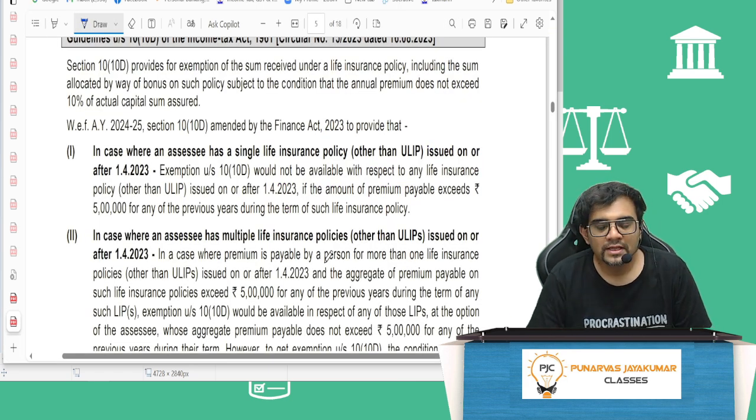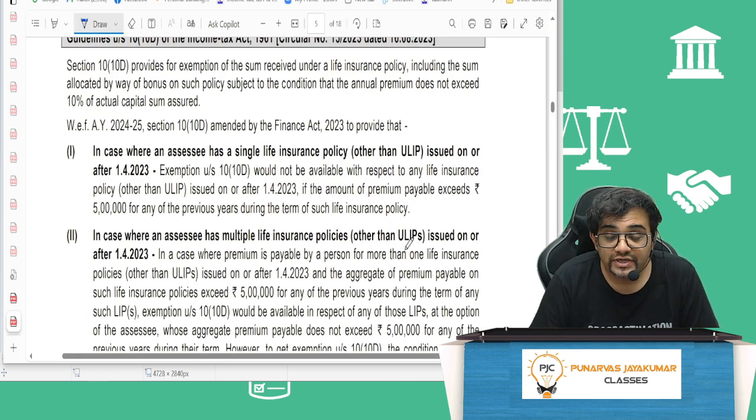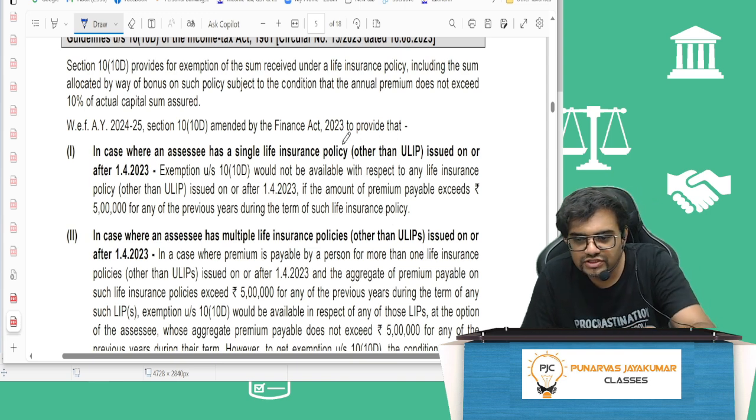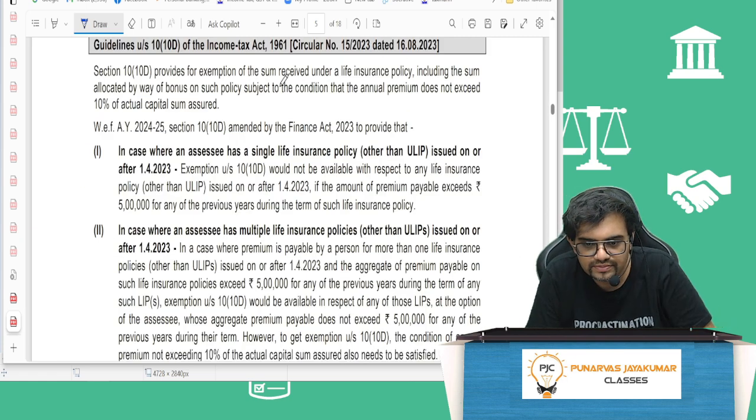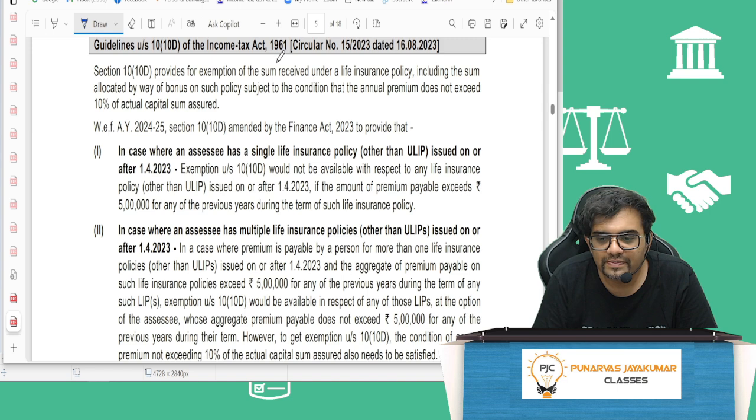Section 10(10D) provides for exemption of the sum received under a life insurance policy, including the sum allocated by way of bonus on such policy, subject to the condition that the annual premium does not exceed 10% of the actual sum assured.